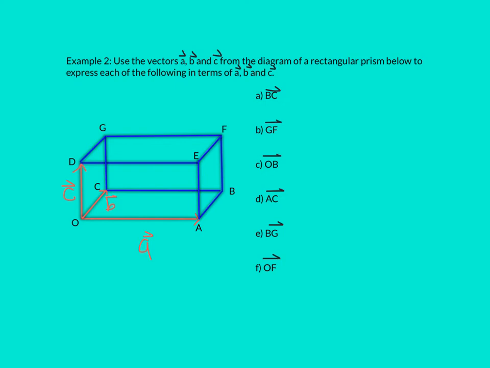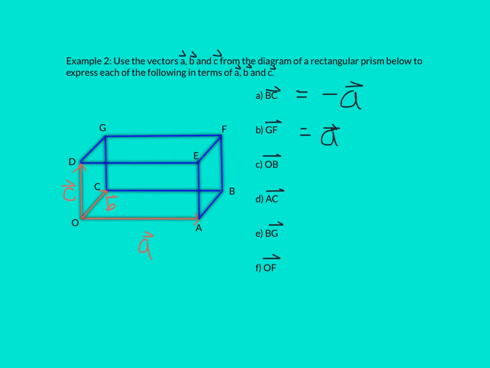So that means that BC is equivalent to negative A. Now GF, starting at G, ending at F. We can notice that that, in fact, is also an equivalent vector, but this time not opposite. So this one will just be equal to the vector A.